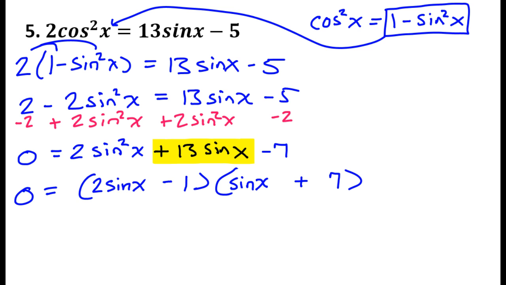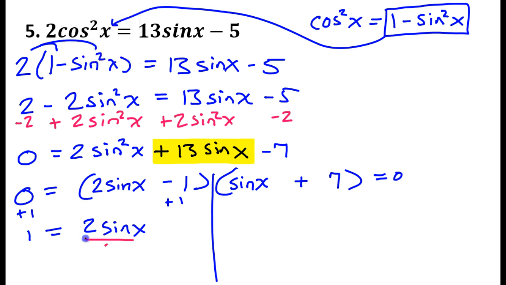Now we can solve this by setting each of these factors equal to 0. So I'm getting sine x by itself. Here I can add 1 to both sides, so I have 1 is equal to 2 sine x, and then I can divide both sides by 2.